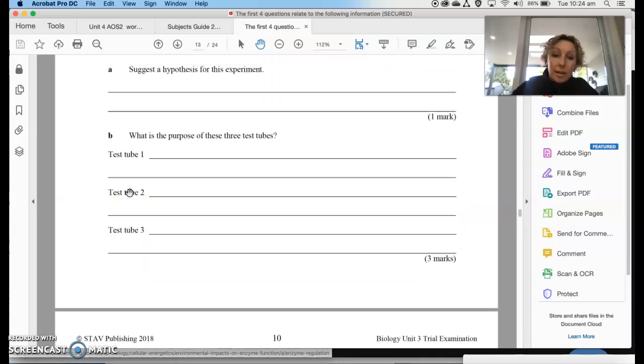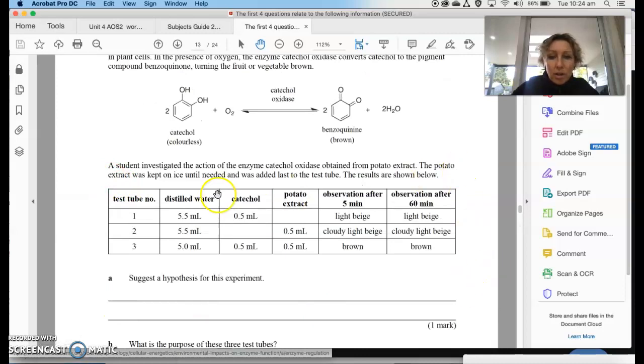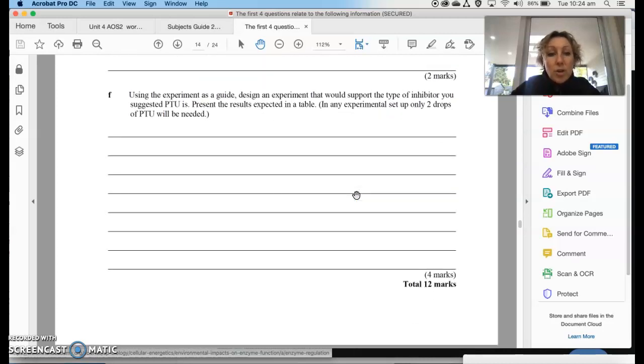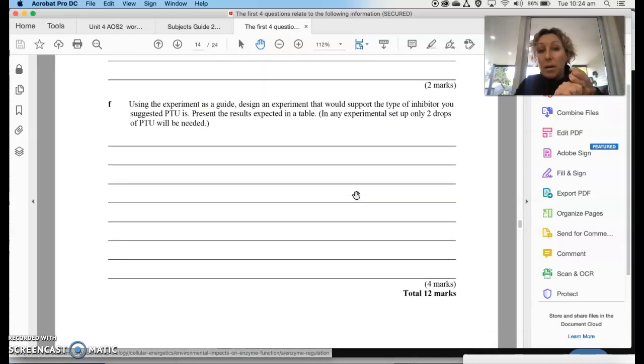So using this table as a structure, show me that you are controlling the experiment so you have some point of comparison. Show me the independent variable, show me the dependent variable, and then outline why, so what it is that you're testing. Justify the use of the independent variable, so increasing substrate concentration in that case, and what you'd expect to find if PTU is in fact a non-competitive inhibitor.